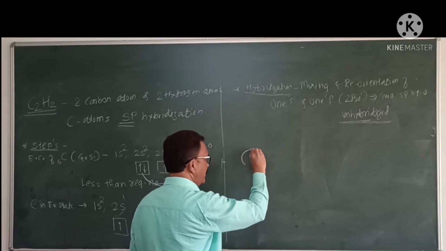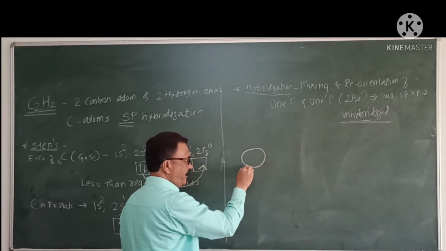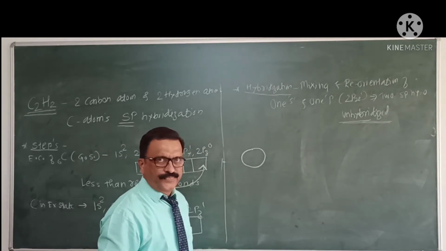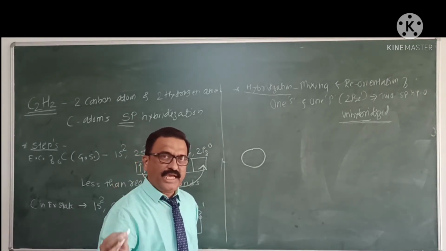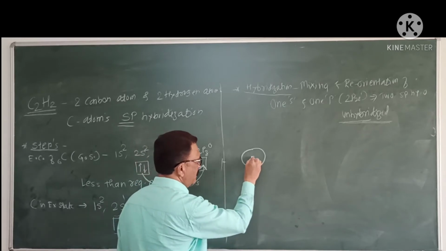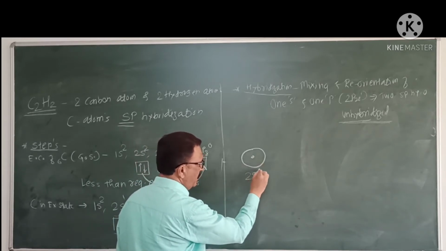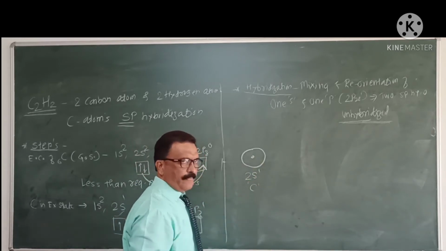Now, with the help of a diagram, we will show the formation of 2 sp hybrid orbitals. This is the 2s1 of a carbon atom.